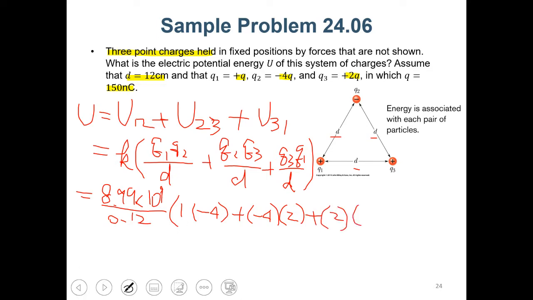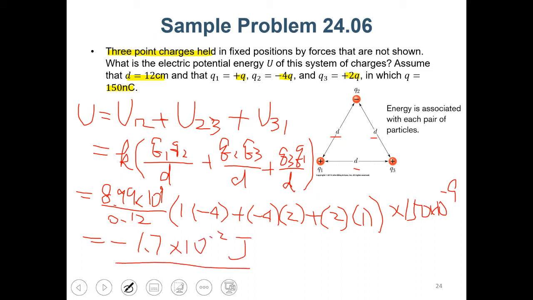And then 1. And then times 150 nano. So the answer would be minus 1.7 times 10 to the minus 2 J. Any questions?